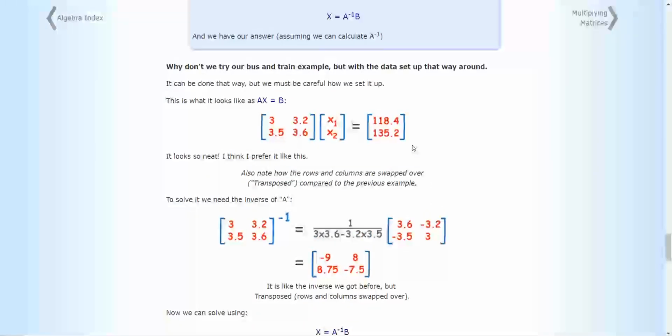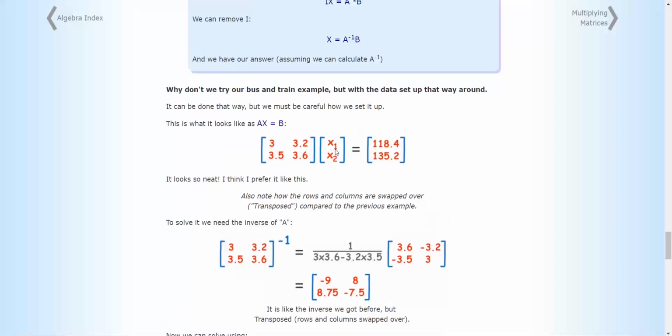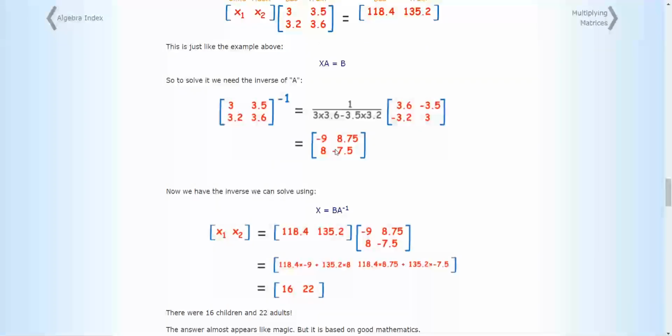It's exactly the same as this problem here. So trying to figure it out. It's exactly the same. Like, what is wrong? 3, 3.5, and the inverse of it is actually 3.6, 3.